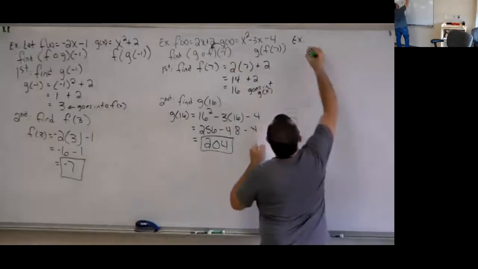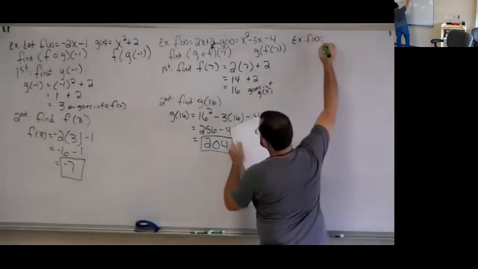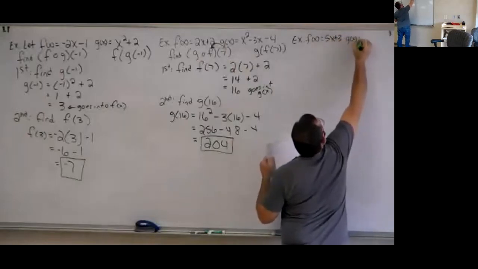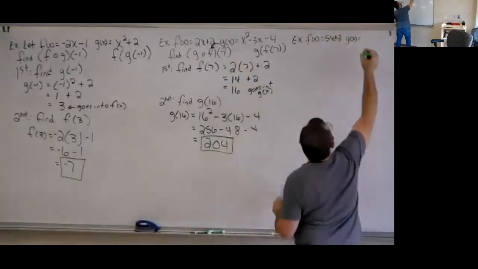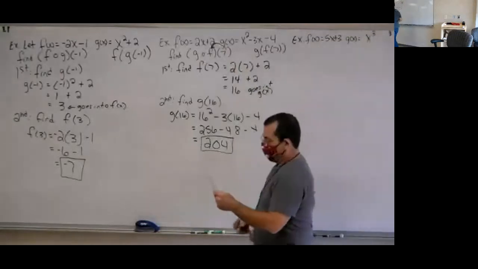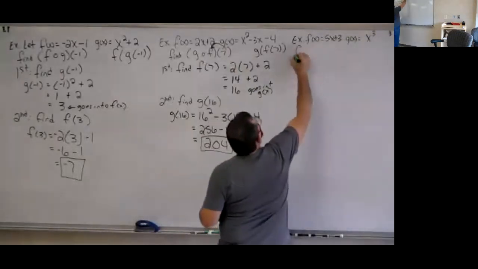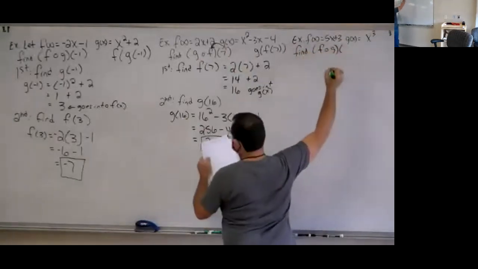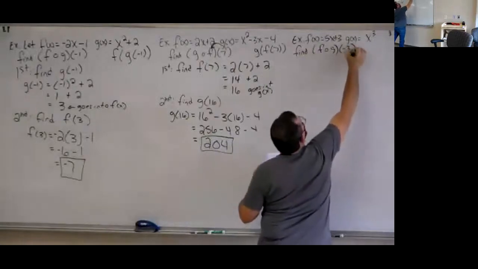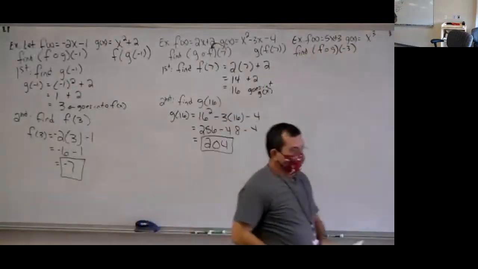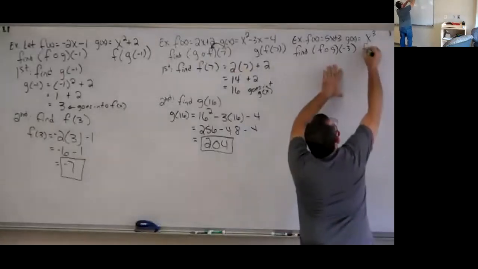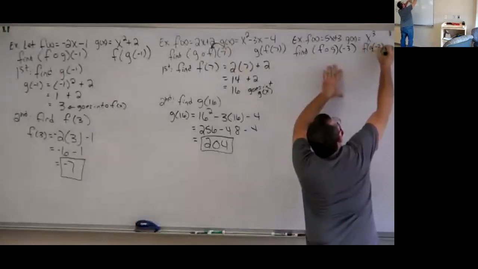So here, f of x equals 5x plus 3. G of x is going to equal x to the third. We're going to find f of g of negative 3. All right, so if we're writing this out, I have f of g of negative 3.